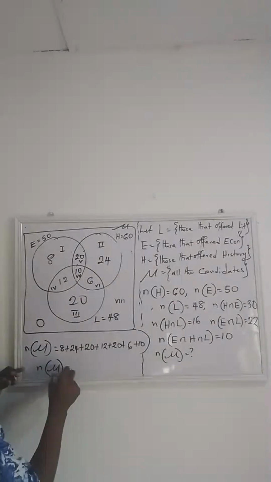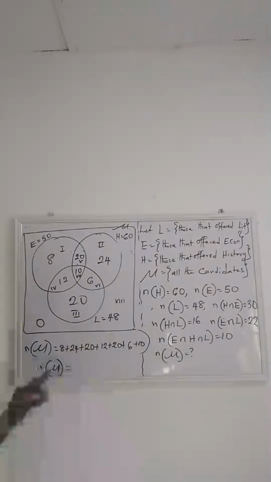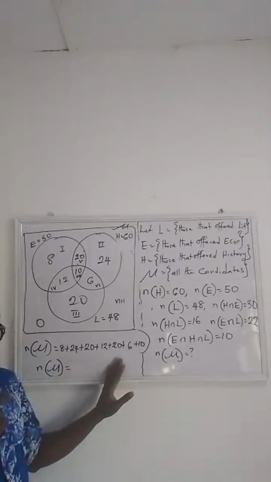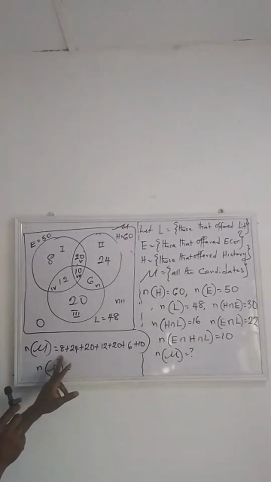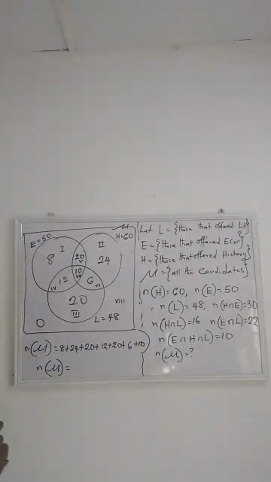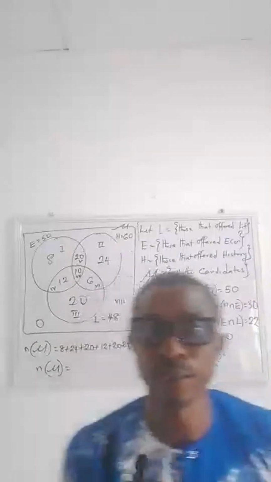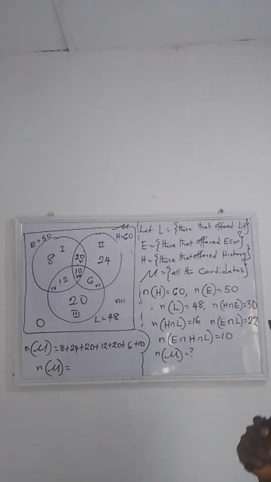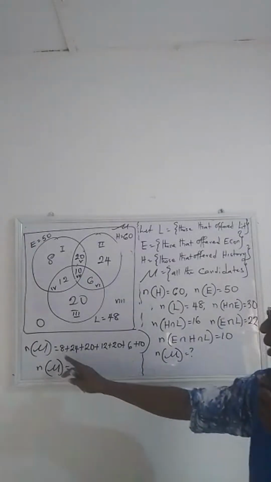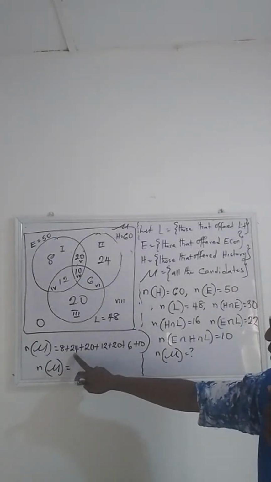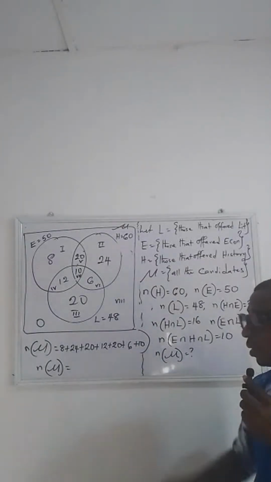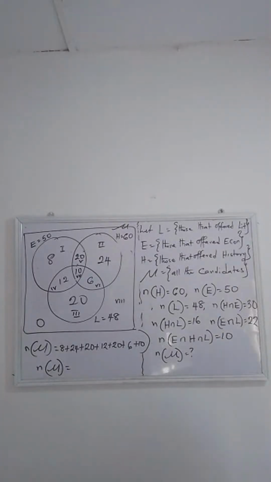Now, when you add, tell me your answer and drop your answer. Let's quickly do that so that I can be sure that you are actually getting what I'm explaining. So now add all of these together. Add 8 with 24, with 20, with 12, 26, and 10, and tell me what you have.